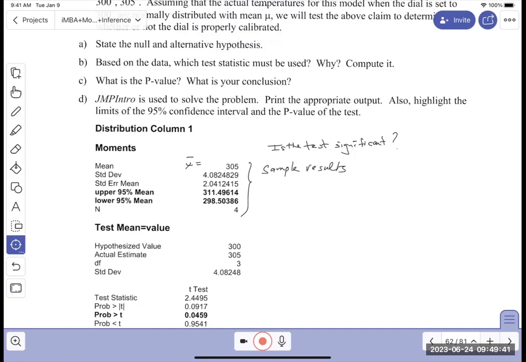So 305 is X bar. Those are the moments, the results of the sample. What's 4.08248829? Yeah, very good. So that's the sample standard deviation.